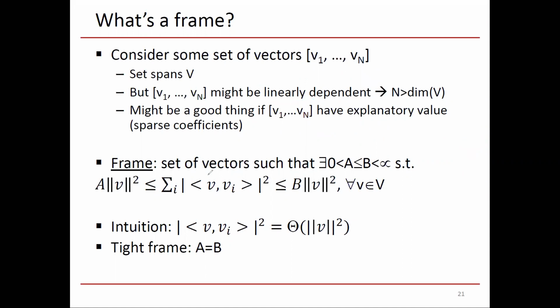A frame is a set of vectors such that for every vector in our vector space capital V, if you take the representation with respect to that vector space, so you take inner products between v and the different vi's, for i's going from 1 to capital N, and if you look at the energy, so the energy is the squared magnitude of all of these inner products, that energy is sandwiched between some constant A multiplied by the energy of the signal in the original representation, and another constant B multiplied by that energy.